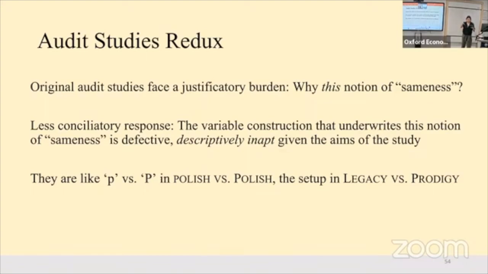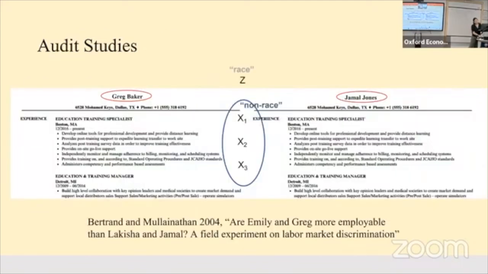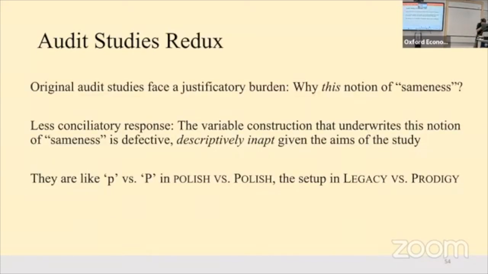You're failing by those standards because you've failed to consider what sameness requires. So I want to return to this, and I'll end somewhat on that. Let me say some more about what this descriptive error is.